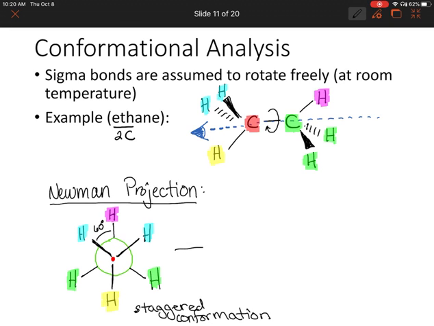So what if we rotate one of the carbons 60 degrees? Well, we would end up with hydrogens that are kind of stacked on top of each other, if we're looking down that carbon-carbon bond.